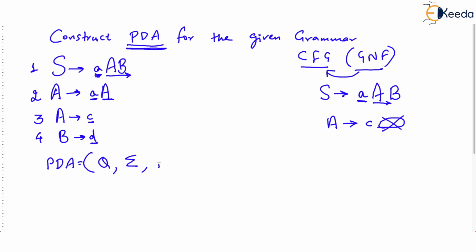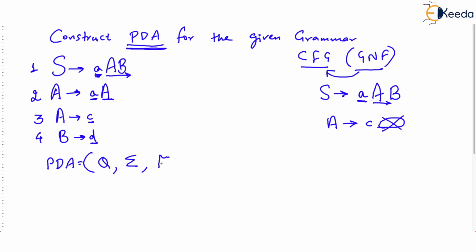After that, we have something called stack symbols, which we are going to push or pop from the stack. Now, recall in the previous problems when we constructed PDA by hand, we took stack symbols like Z0. Z0 was the initial stack symbol. We took stack symbols like X, Y, and so on.